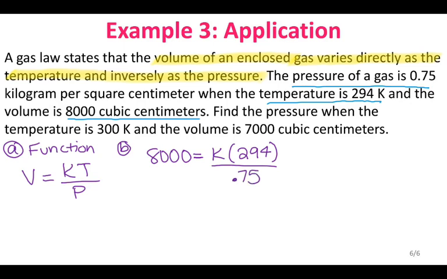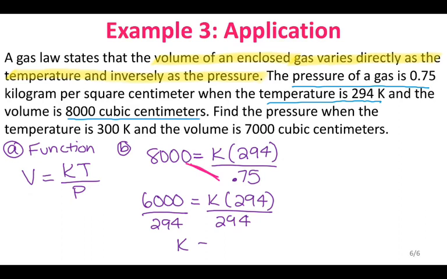Now, anytime I have a fraction, my brain automatically goes to cross multiplication. So I'm going to cross multiply. So 8,000 times 0.75, putting that into my calculator gives us 6,000 equals K times 294. I'm going to divide to find what K is.